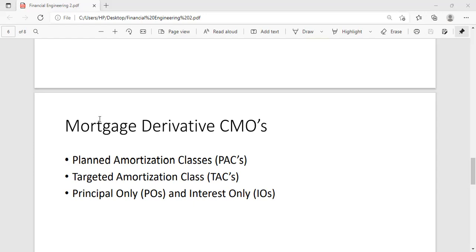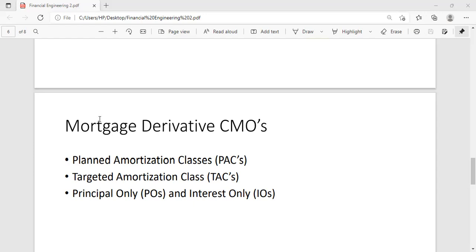Okay, the PAC has claim precedence relative to other tranches, and the other tranches in that case are known as support tranches or companion bonds. The yield of the companion bond is therefore higher because of the facilities that they sacrifice in favor of PAC.